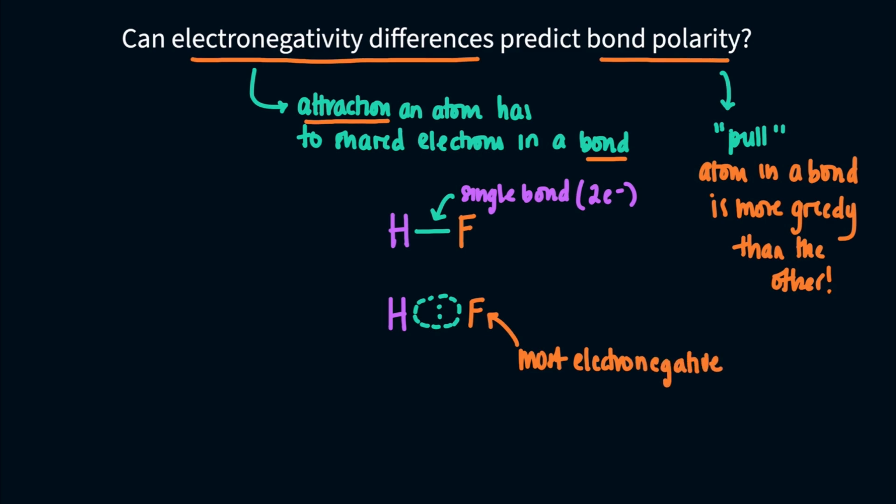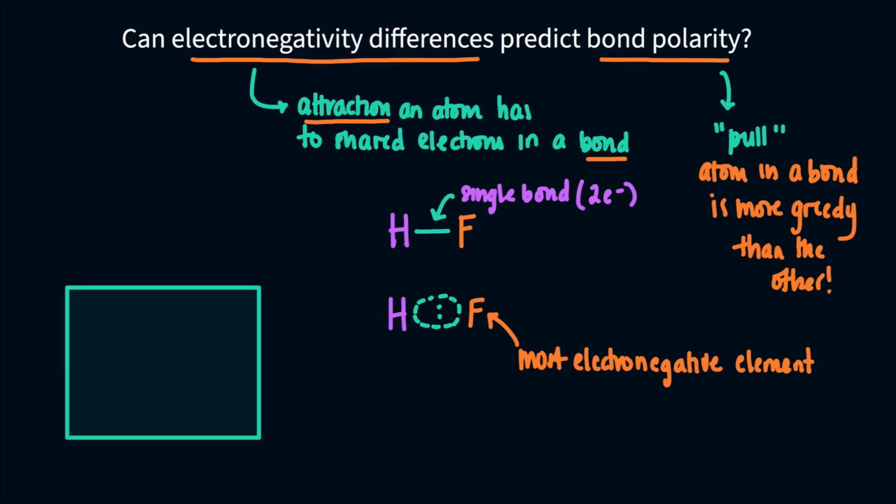You don't really have to know the specific numbers per se, but I would definitely remember the trend. Here is my periodic table. Oh, that's actually a pretty good periodic table. And here's my electronegativity box, right?